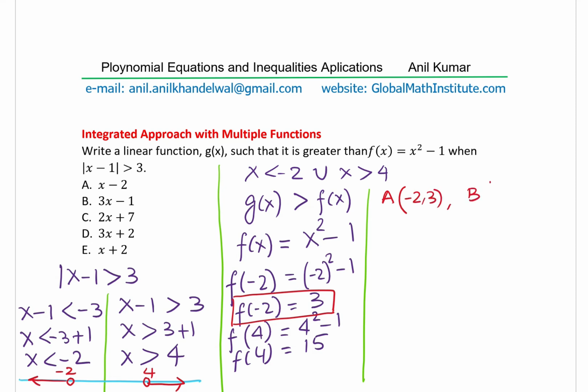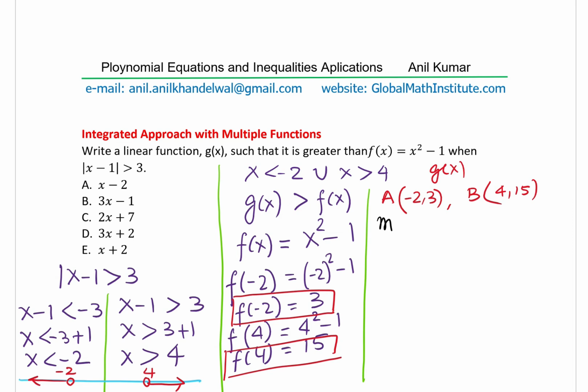And point B is the point where x equals 4, y equals 15. Now the line, which is g of x, is passing through these 2 points. Perfect. So now let's find the equation of this particular line.